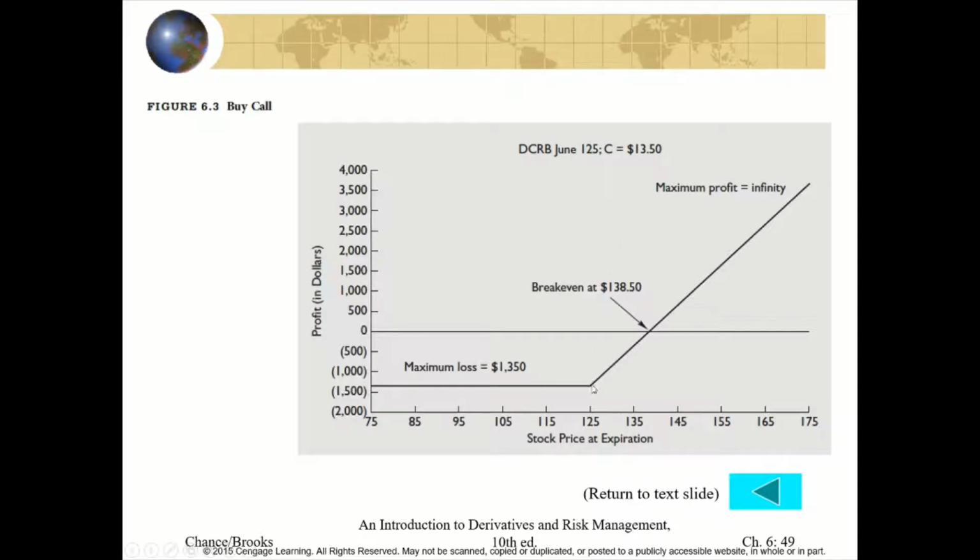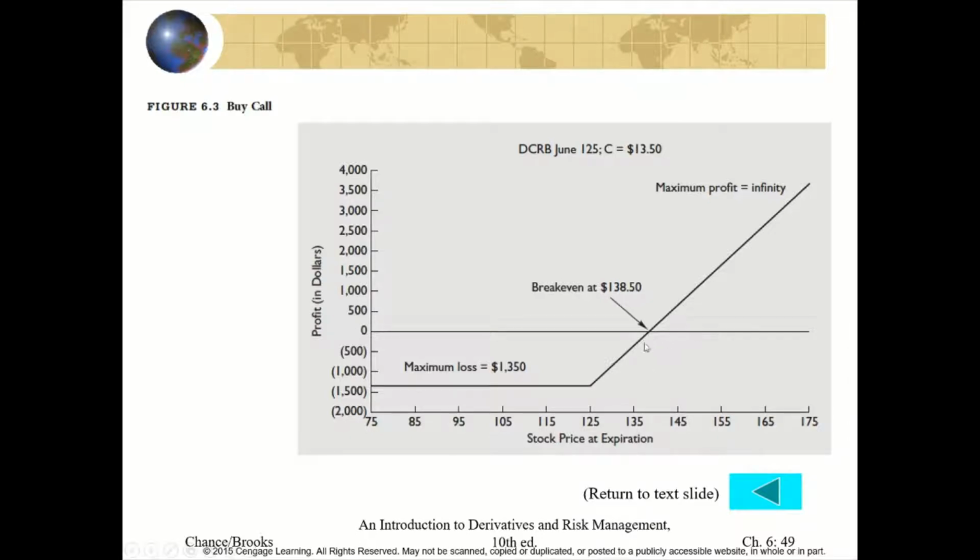We can see that for a call option position, the break-even point will be basically the strike price plus the premium you paid. So when the price of the underlying stock reaches 138.5, you will break even. So you either profited or nor did you lose any cash in this investment.